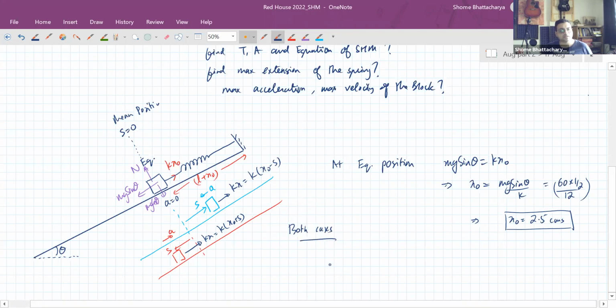you will get the relation that, for the first one, mg sine theta minus kx is equal to ma. So we will get ma is equal to k into s, where s is the displacement from mean position.